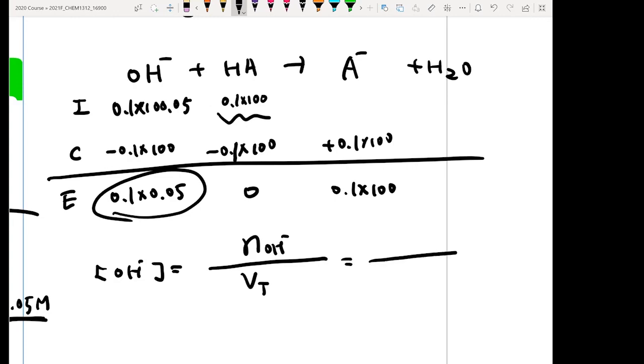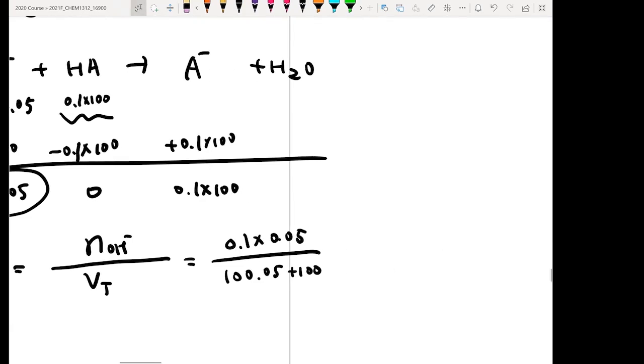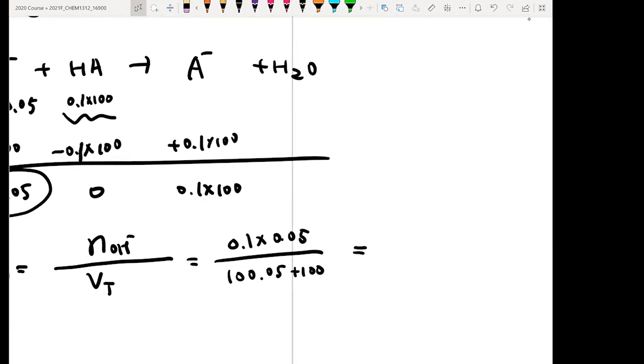Here we know the number of moles is 0.1 times 0.05, and the total volume is 100.05 plus 100. When you do this, you get a concentration of 0.0476. So that's your OH minus concentration.